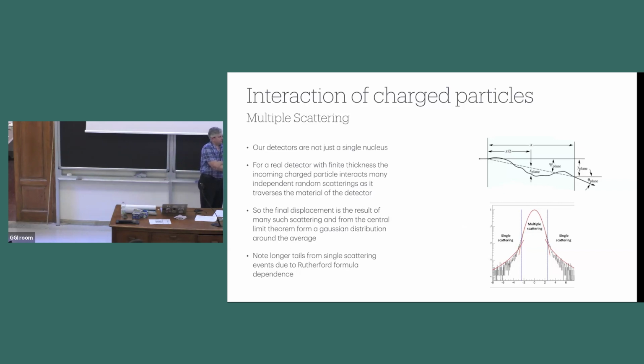And then if you just have a single interaction, you actually can see those Rutherford tails. And so the distribution is: the incoming charged particle goes through some scattering as it goes through the material, has some Gaussian distribution of the angle that it comes out in, and then has some non-Gaussian tails from the case where it really just interacts with one nucleus as it goes through the material.